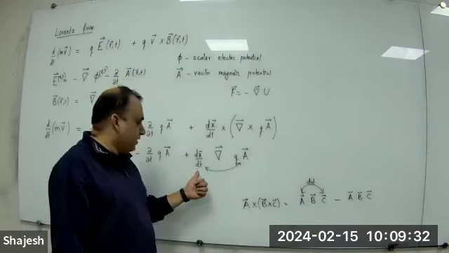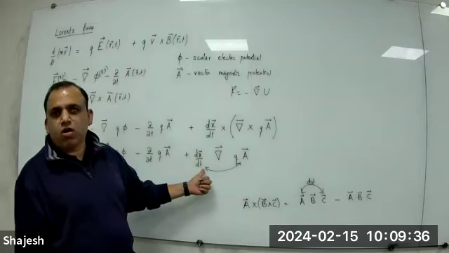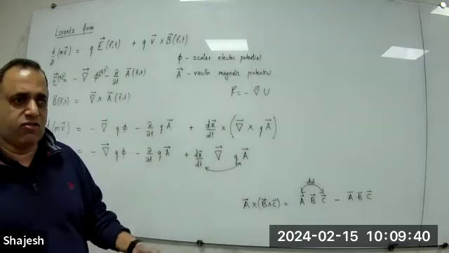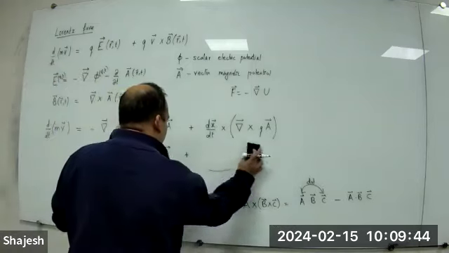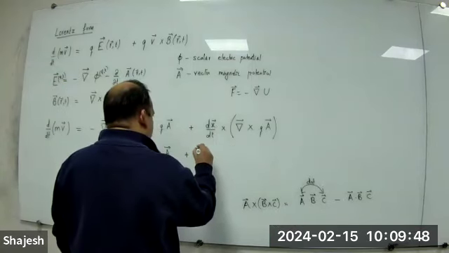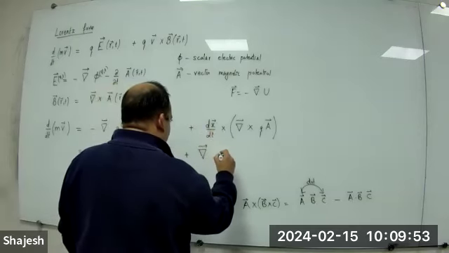But the argument is that this is velocity. Velocity of a charge does not depend on coordinates. That's the property of the charge. Wherever it is, it has its velocity. So it can be taken in. So because of that, this can be written as gradient now. I'm going to think of this as velocity, at least in this equation.